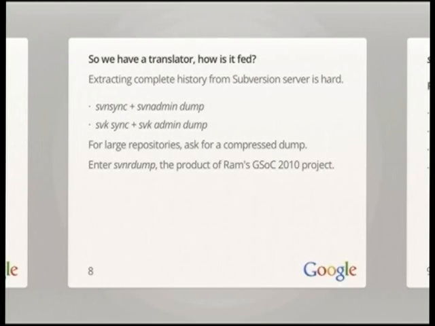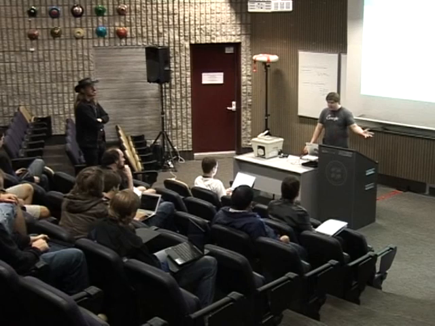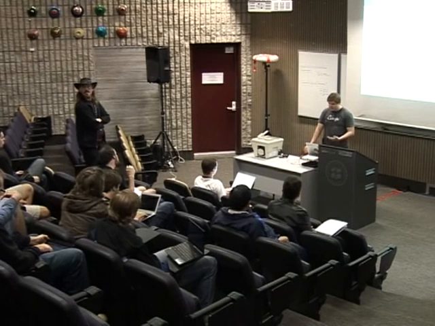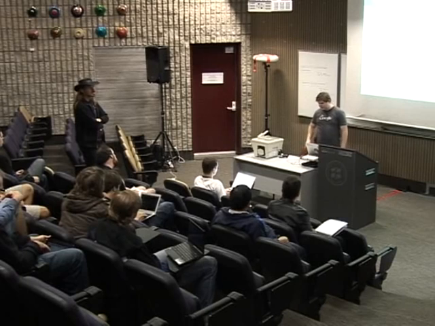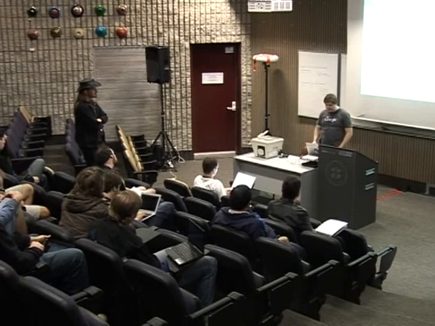Yes, so there's this line here that I forgot to expand on, which is that for large repositories, say KDE or ASF, which, by the way, make great data sets, I really enjoyed having access to them, you really should ask for a compressed dump. And so in the ASF case, this is what I did. I approached the admin mailing list for Apache, explained what I was doing, what I was hoping to achieve, so I got some context, and just asked, could I have, if it's not too much trouble in any kind of way, a complete archive of the history of the project.